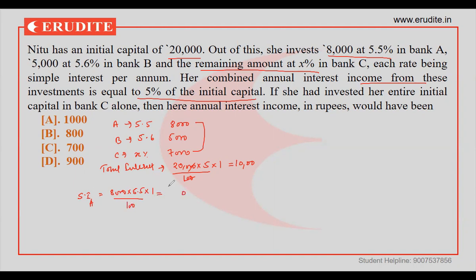That is 440. And simple interest for Bank B will be 5,000 into 5.6 into 1 by 100, that is 280. And for Bank C, it will be 7,000 into X into 1 by 100. That is 70X.